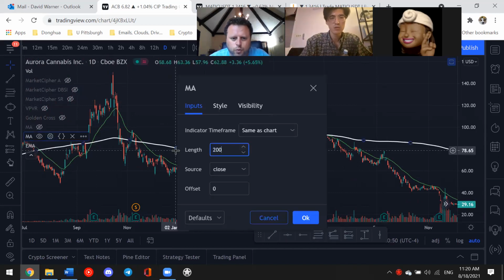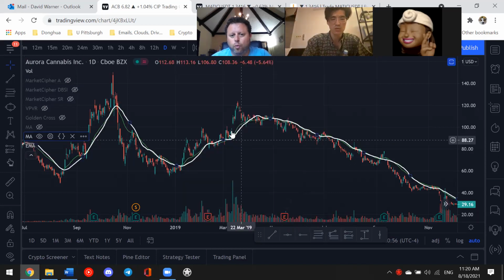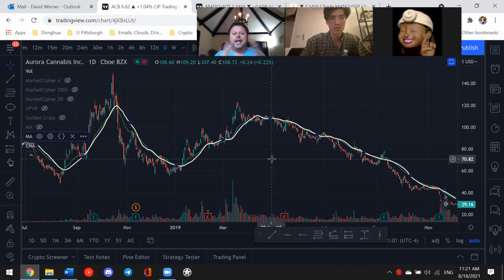Let's make this a 21. They're very close. The white is the SMA. So the white SMA is the last 21 days prices added together divided by 21. That you could figure out on your own.